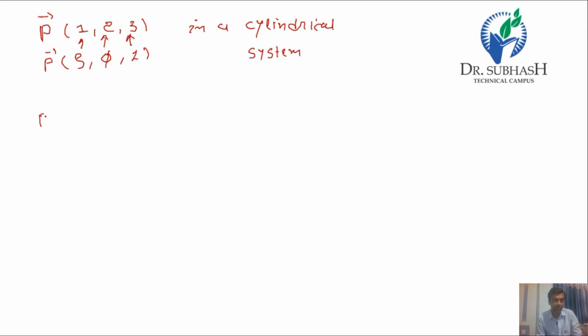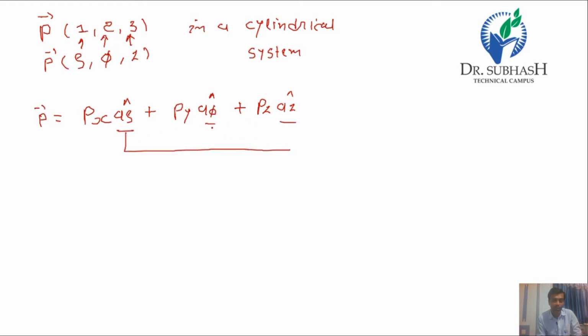In the general way, vector P in a cylindrical coordinate system is represented by P rho in the a rho direction plus P phi in the a phi direction plus P z in the a z direction. Here a rho, a phi and a z are the unit vectors, and P rho, P phi and P z are the components of point P or the vector P.